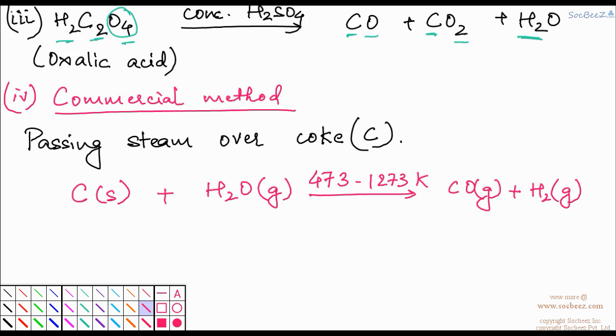Now the salient feature about this reaction is that this mixture, CO gas plus H2 gas, is called water gas. This is important and you need to remember this entire method, which I am going to tell you. It can be used as a fuel.